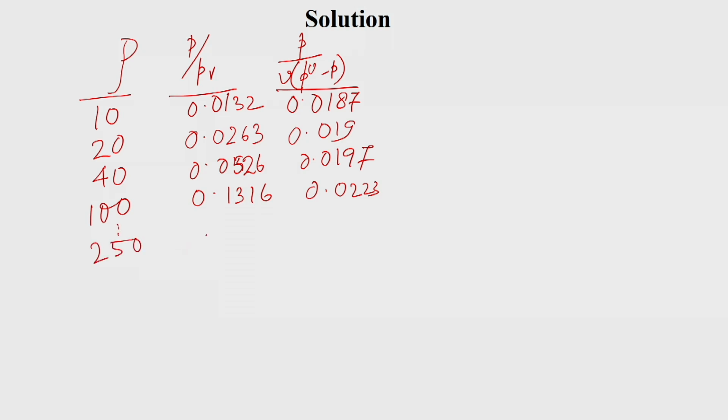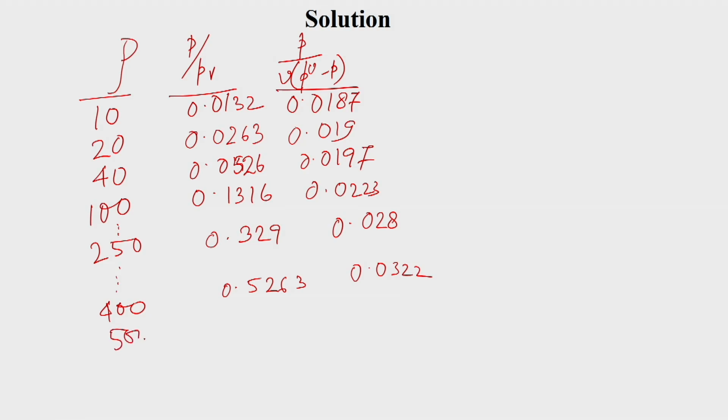Let us say 250, we can calculate the others also. For 250, P by P_v will be 0.329 and P by V into (P_v minus P) will be 0.028. If we say 400, we will get 0.5263 and P by V into (P_v minus P) will be 0.0322.